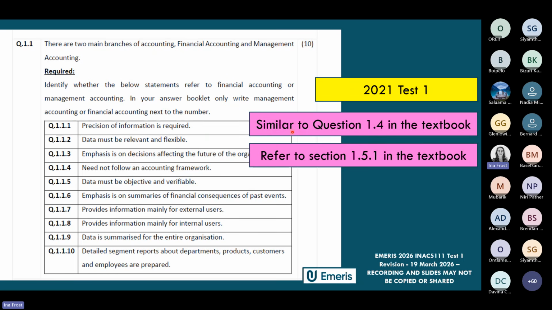And this question is quite similar to question 1.4 in your textbook. It looks a little bit different, but it's the same kind of idea as 1.4 in the textbook. And essentially, it is referring to section 1.5.1 of your textbook.